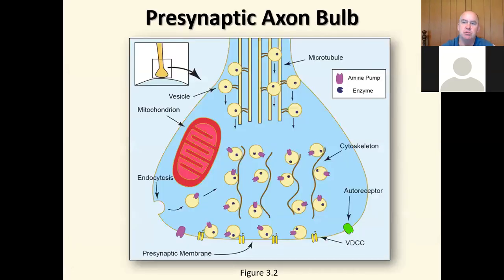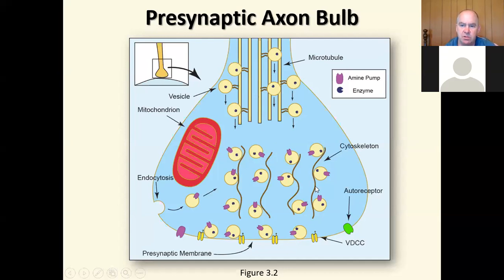So this is your presynaptic axon bulb. This is what is releasing the neurotransmitter. If you're in my cardiovascular pharm class, we just went over this in more detail than we'll go through here. But basically, in your axon bulb, you've got vesicles, and these vesicles are coming from the cell body, from the soma, transported down here to this axon bulb.